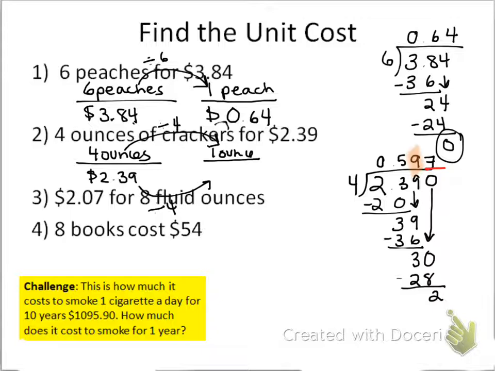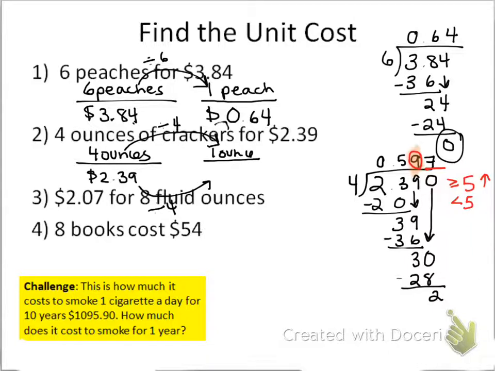If your number that's in the thousands place is greater than or equal to 5, you round it up. If your number is less than 5, it stays the same. So in this case, 7 is greater than or equal to 5. So I'm going to round this number up. When I round 9 up, it becomes 10.